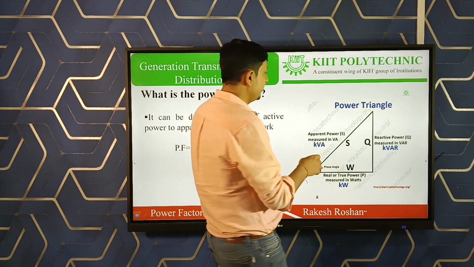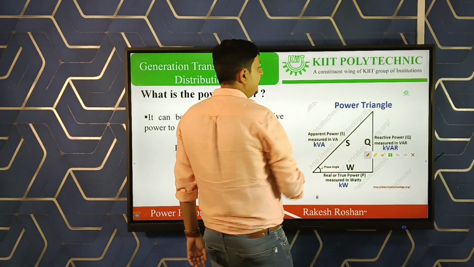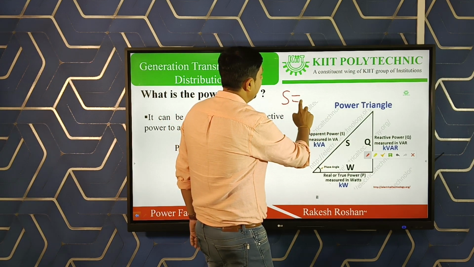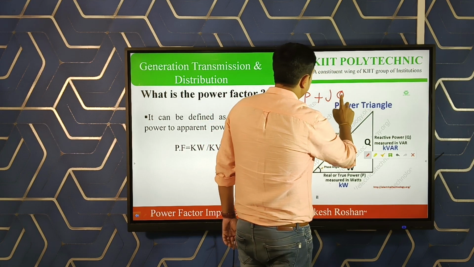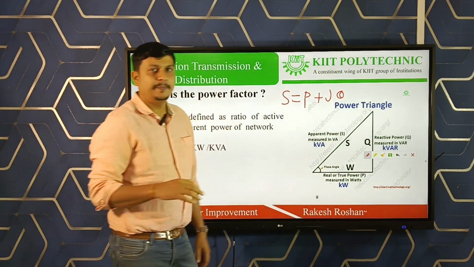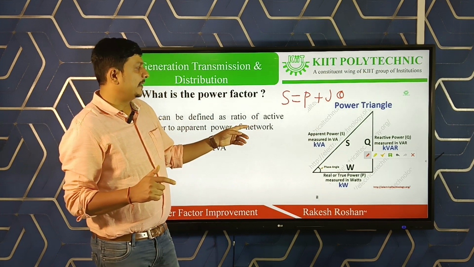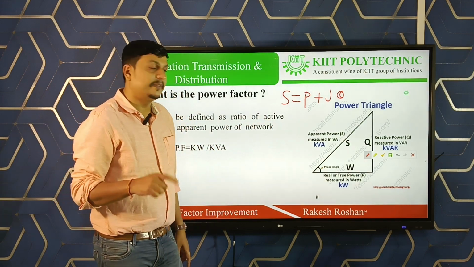So what is the relation between active power, reactive power, and apparent power? S equals P plus jQ. P is active power, Q is reactive power, and S is apparent power. The units of all these powers are also very important.